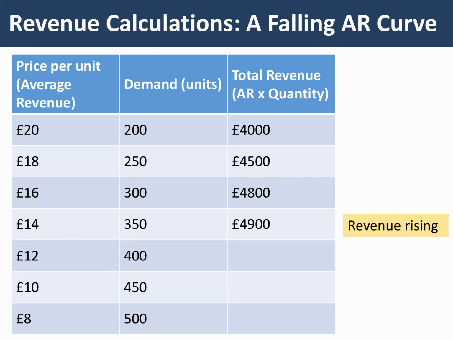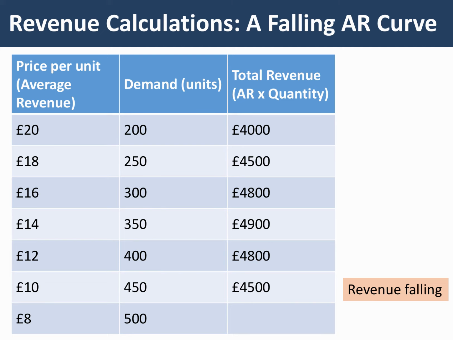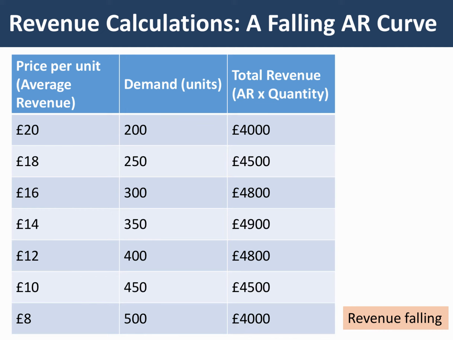And if we lower the price to £12 per unit, total revenue actually starts to fall by £100. If we keep this going through the following price changes, you'll see that revenue keeps falling until we get back to £4,000 of total revenue when the price is £8 and demand is 500.